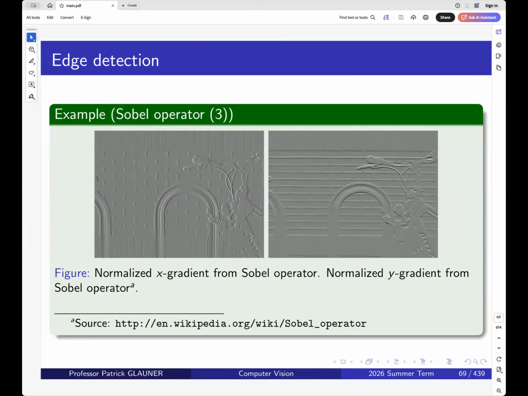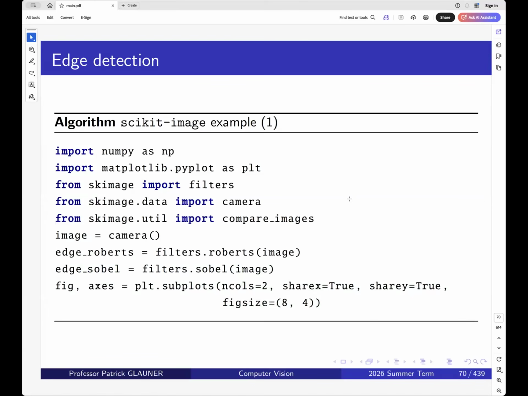Then they are merged together with the squaring, the sum, and the square root to get the gradient image. But just in case you're curious what they may look like, they are depicted here.